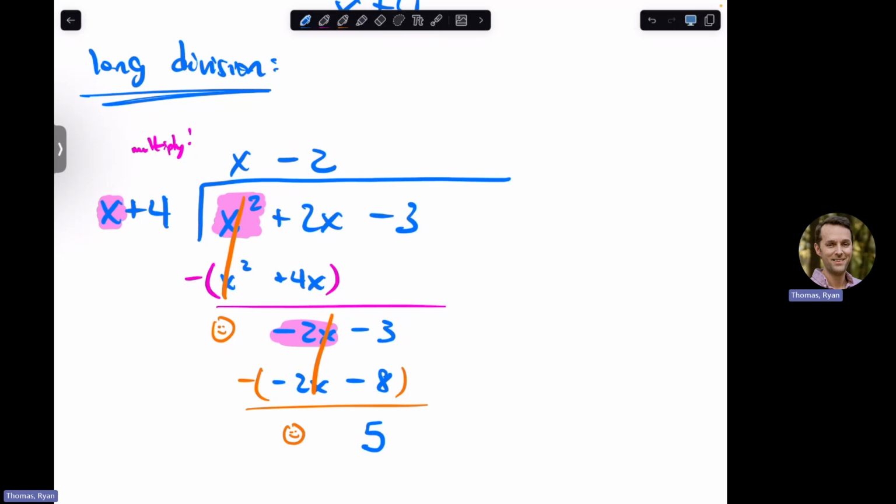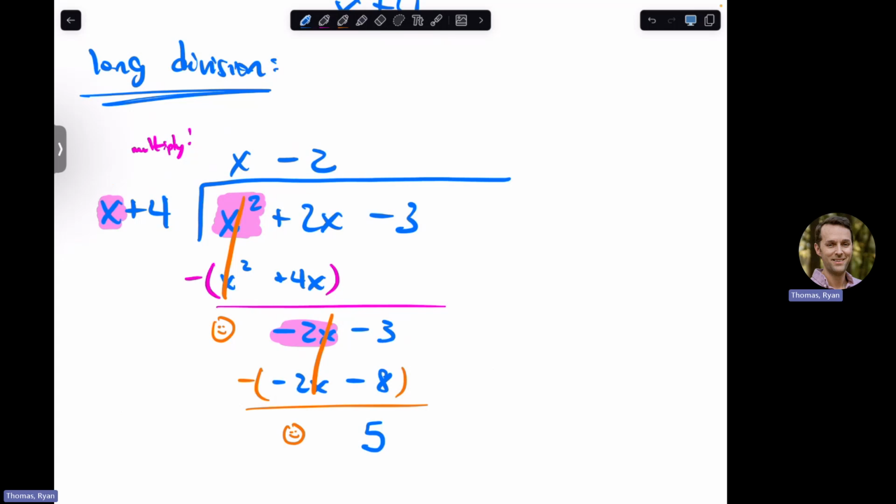Now, if you want a decimal, you add a decimal point, you write a 0, and you carry it down, and you keep going until you're satisfied. Or, as soon as there's nothing left to carry down and this doesn't go into that, we have the remainder. The equivalent thing here is that our divisor is degree 1, right?